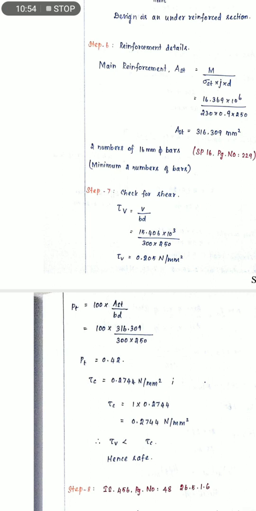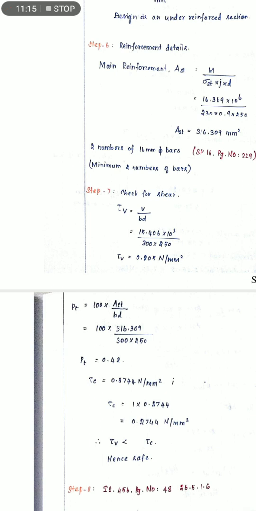In order to overcome this failure, we can provide shear reinforcement or bent up bars or inclined bars in support. This is the most important failure that occurs in a beam. So how to rectify it?